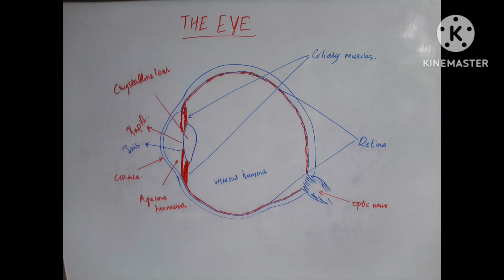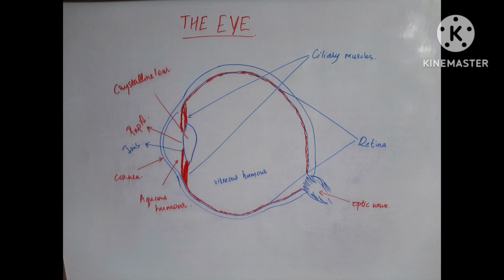So it will reach the crystalline lens, and this crystalline lens adjusts its focal length according to the ciliary muscles. So the ciliary muscles adjust and the crystalline lens focuses, and the light falls on the retina, the backside surface of the eye. Here there are rod cells and cone cells, and these are able to see the object.